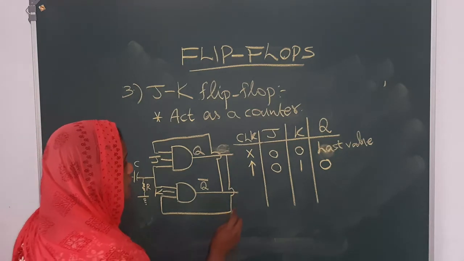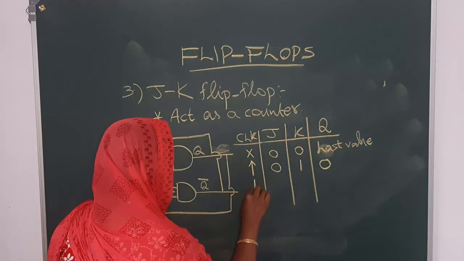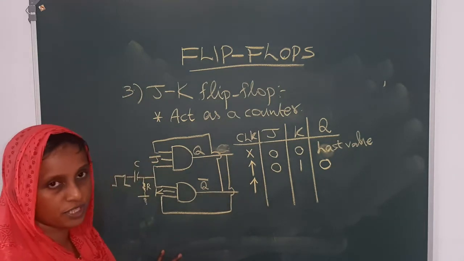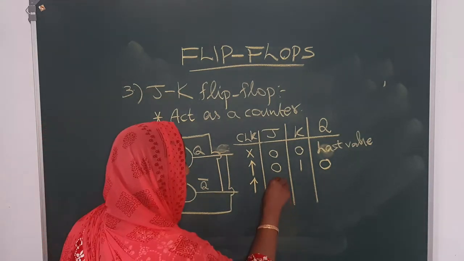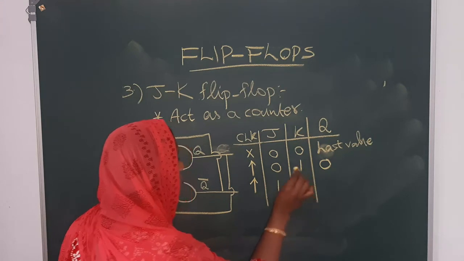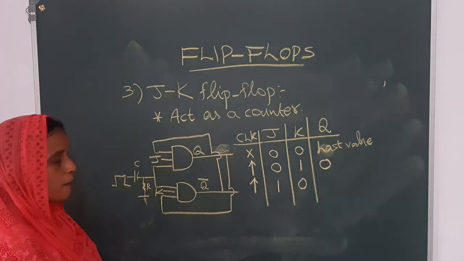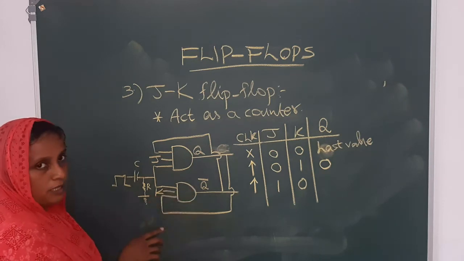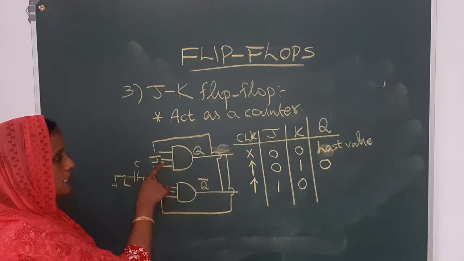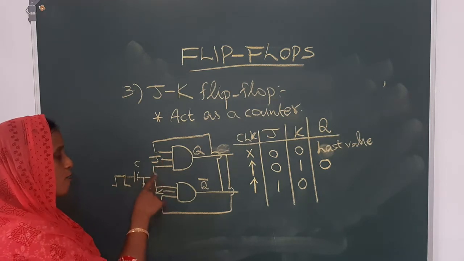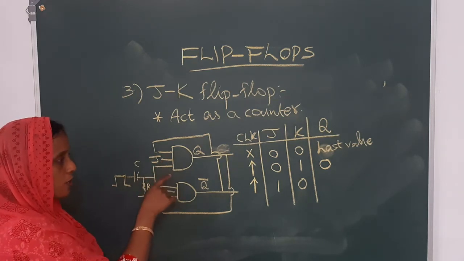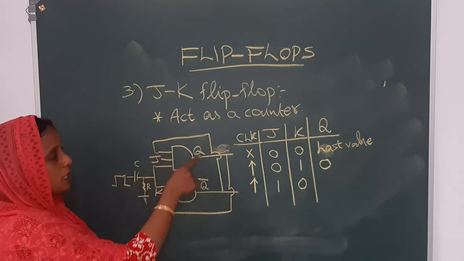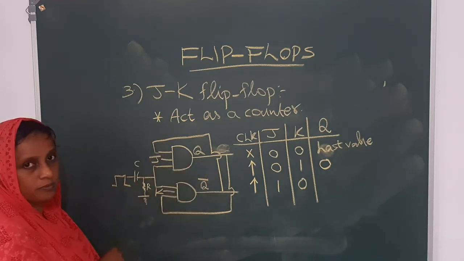Similarly, the next combination is again for positive pulse. All other combinations run only for positive pulse. In that case, consider this 1-0 combination. This time K is 0, so this gate is disabled. But here J is high, and for positive clock, this is high. And if this Q bar is also high, this gate is enabled.